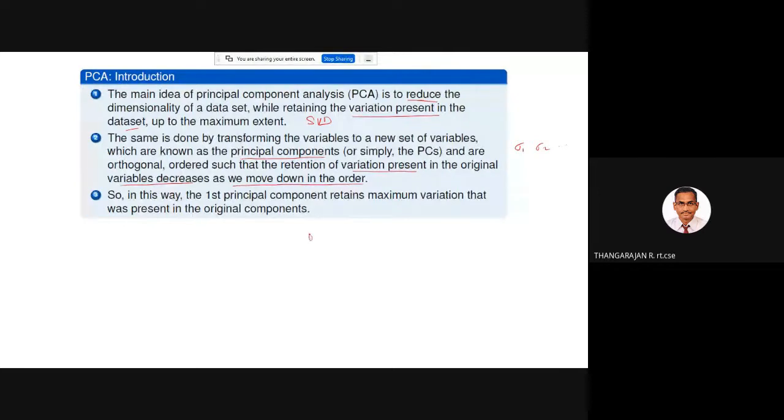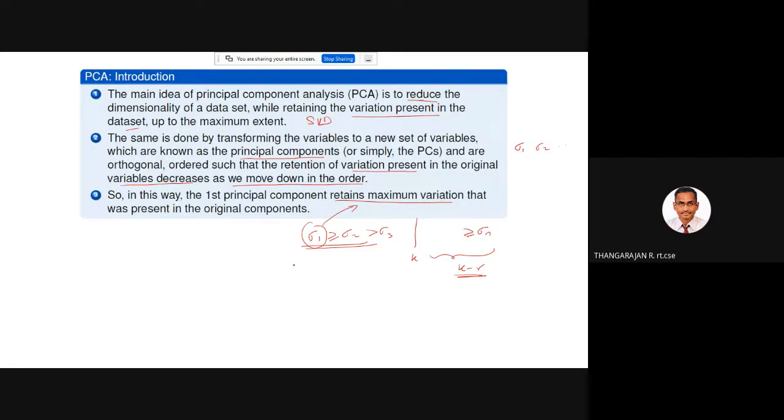So sigma 1 is greater than or equal to sigma 2, which is greater than or equal to sigma 3, which means the variation is reducing as we go down. You stop at a particular k and take that, whereas the rest you ignore. In this way the first principal component retains the maximum variation.